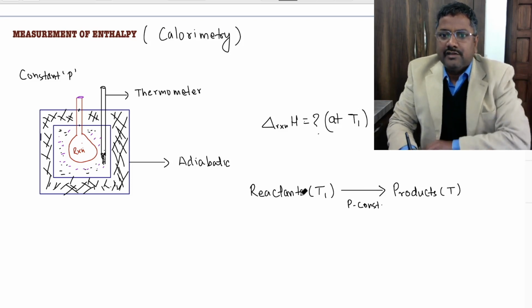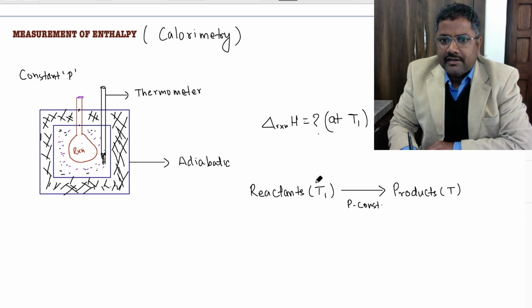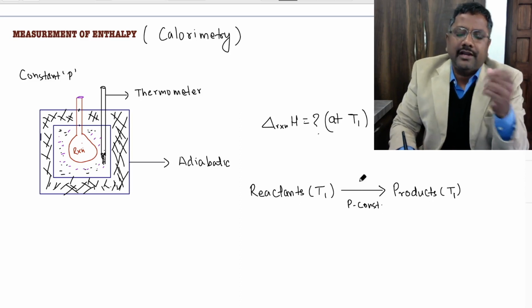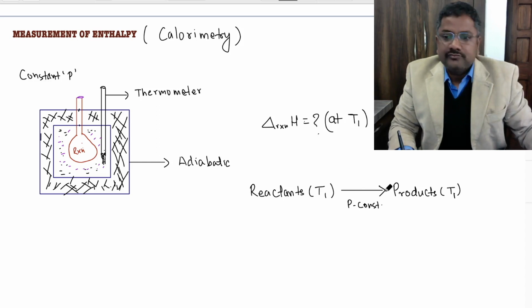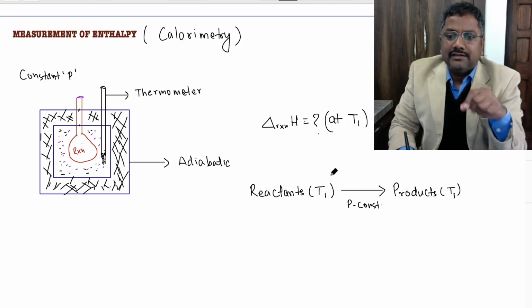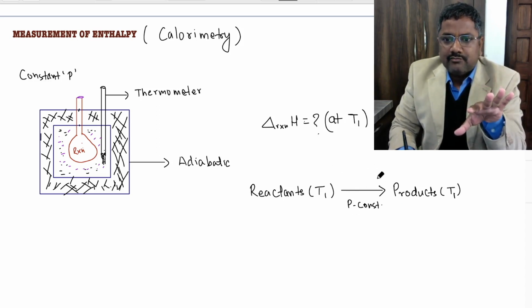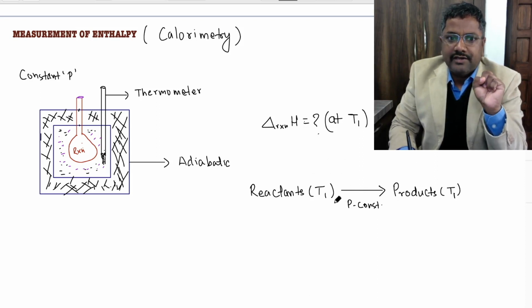Reactants we have taken at temperature T1, and products also we have to bring to temperature T1. Suppose you take 298.15 Kelvin; it is not possible that the reaction proceeds at this constant temperature of 298.15 Kelvin.